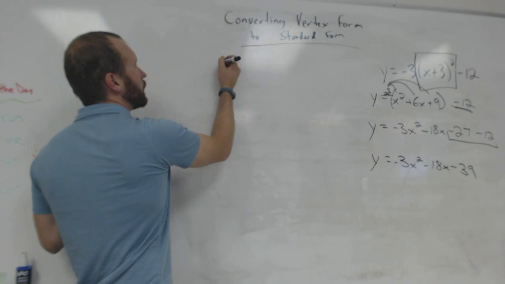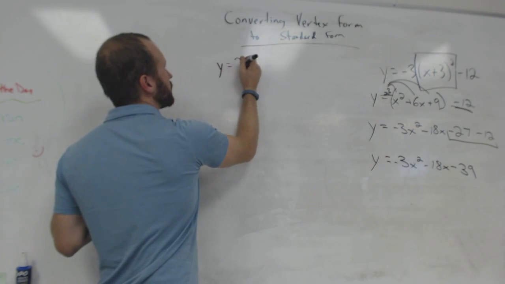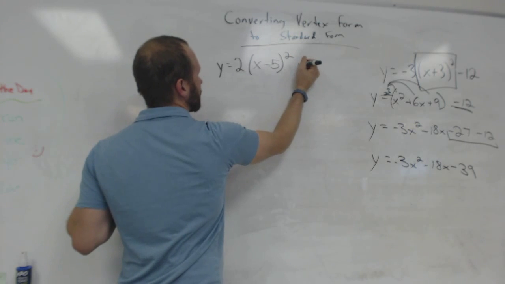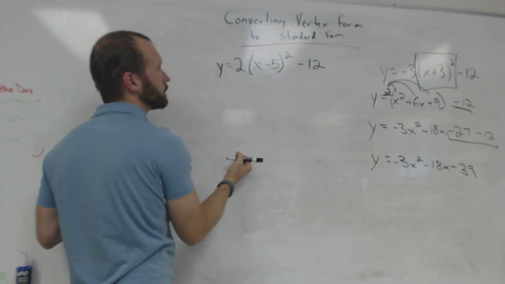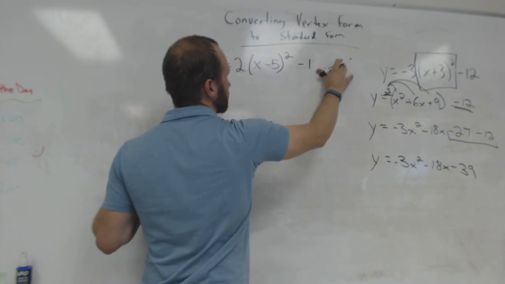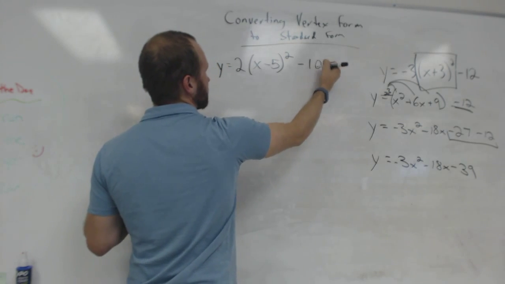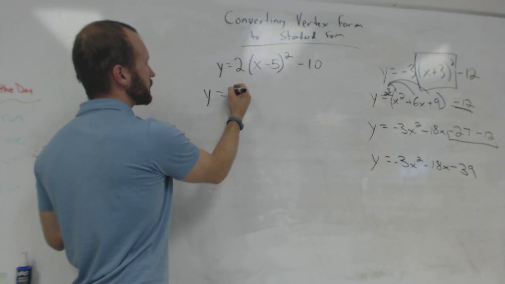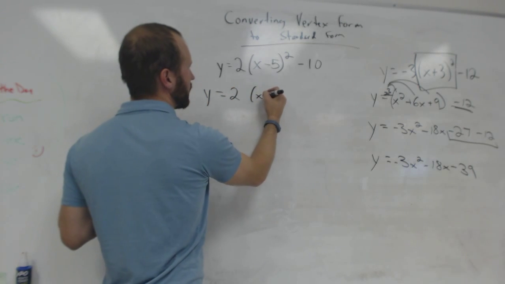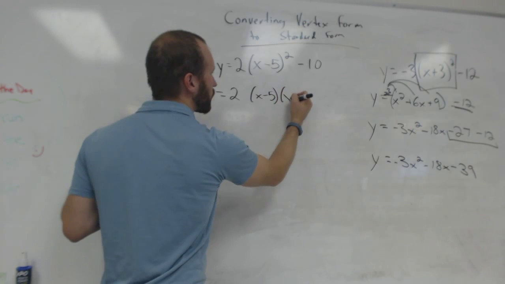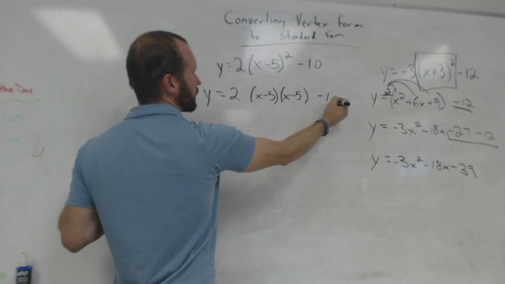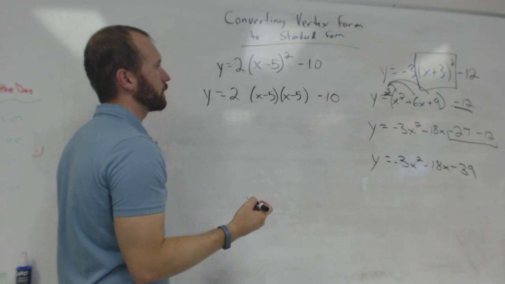So, y equals 2 times (x minus 5) squared. I just use minus 1. Let's do minus 10. So what I'm doing for the FOILing is this. (x minus 5) squared, so x minus 5 times x minus 5.